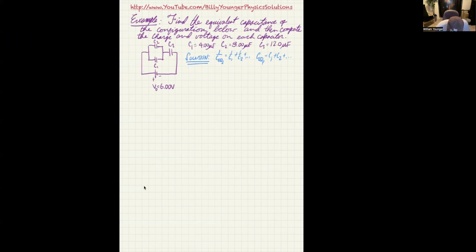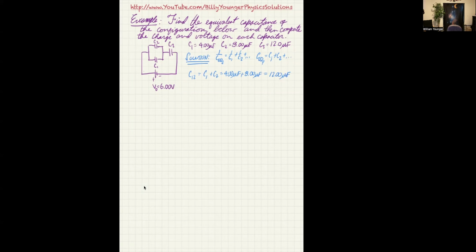So I'm going to take the two, C1 and C2, which are in parallel, and I'm going to compute the equivalent capacitance of that, and I'm going to call it C12. It means the equivalent capacitance of capacitance 2 and capacitance 1, they're in parallel, and that means that it should be equal to C1 plus C2, which of course is equal to 4.00 microfarads plus 8.00 microfarads, which equals 12.00 microfarads.